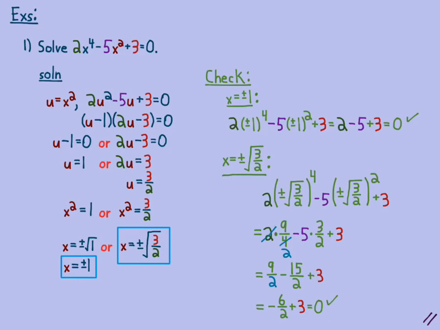So that checked. The check actually took me longer than figuring out the solutions. Actually, it's about the same amount of writing. It's just the squares and 4th powers make the right side look larger. Okay, next example. I have 2 examples on the next video.